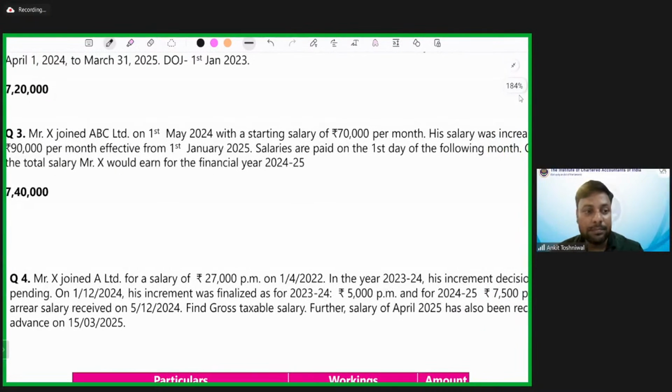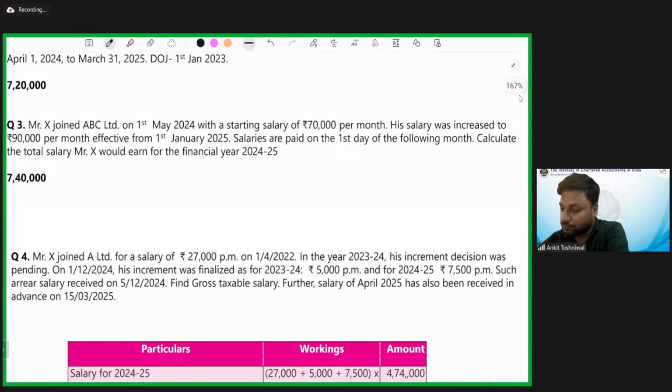Now if it is clear, please solve question number 3 fast. Here it is written salaries are paid on the first day of the following month. So please assume it is also due on the first day of the following month.